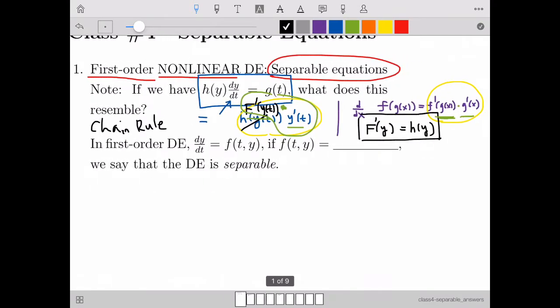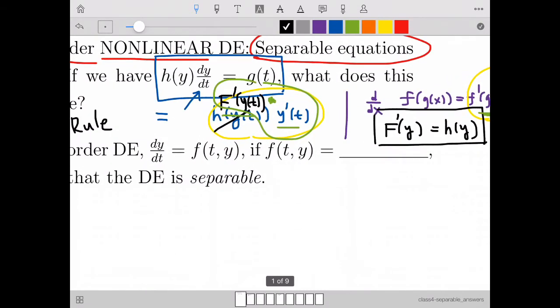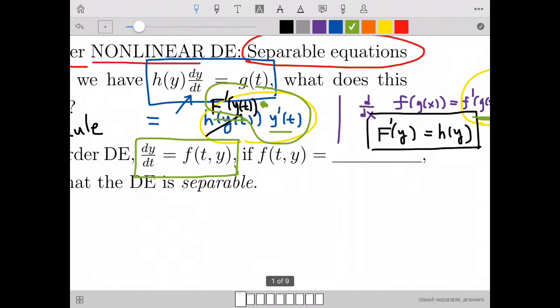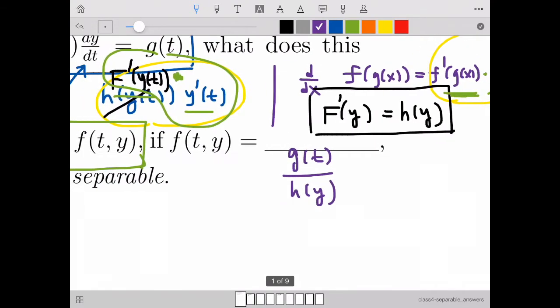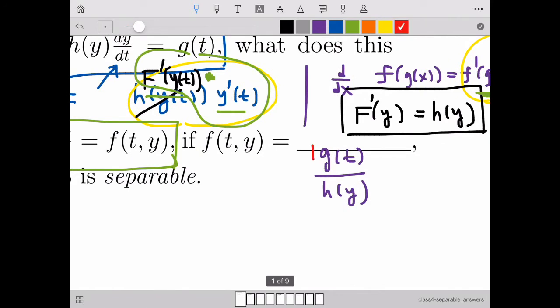So any first order DE can be written like this, and if f of t, y looks like g of t over h of y, or we can say, by taking 1 over h of y as a separate function, some function of y times g of t.